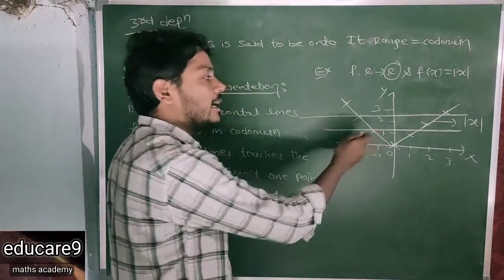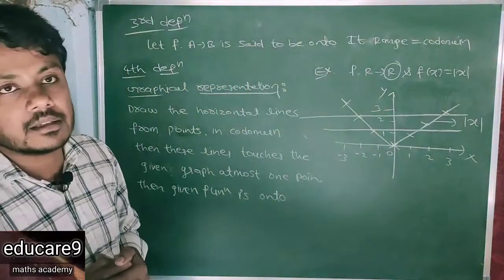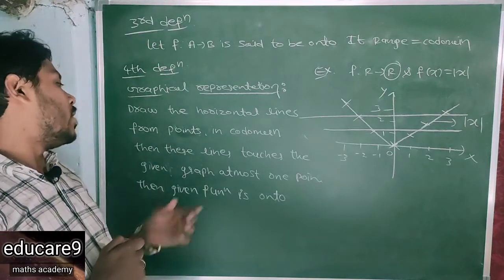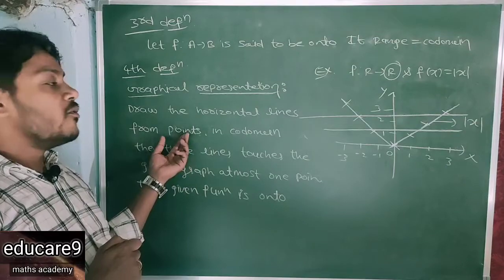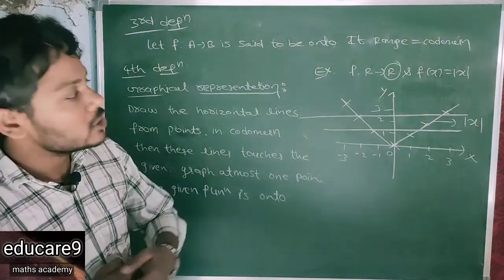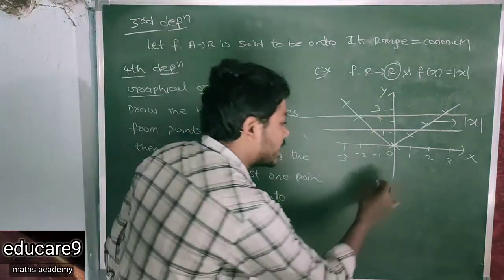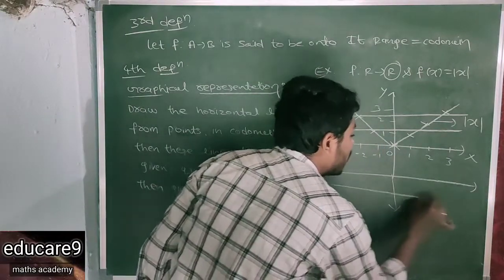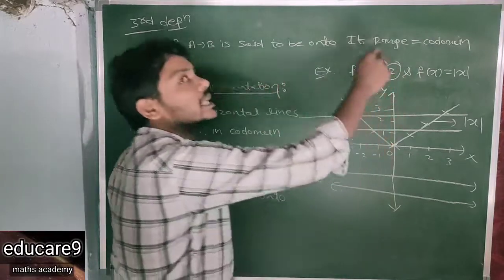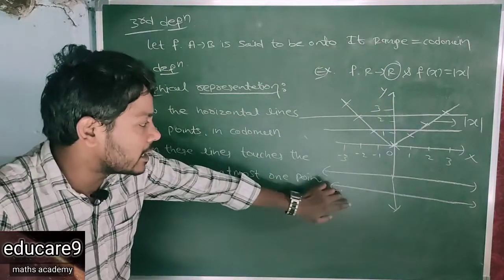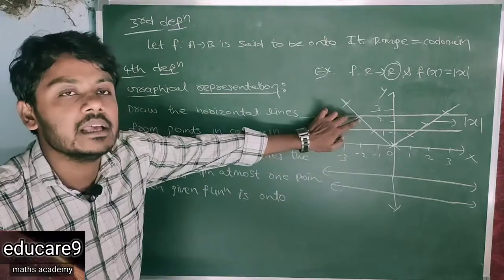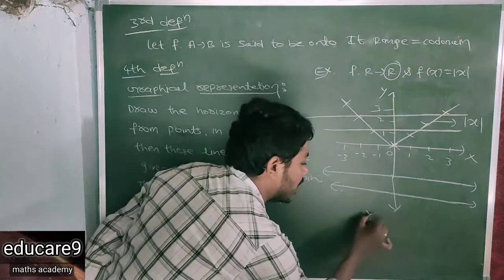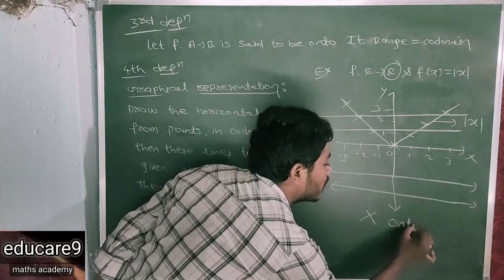Where the horizontal line touches the graph, fine. But since the codomain is R, I can also draw lines below the x-axis, and those horizontal lines do not touch the given graph. So in that case, it is not an onto function.